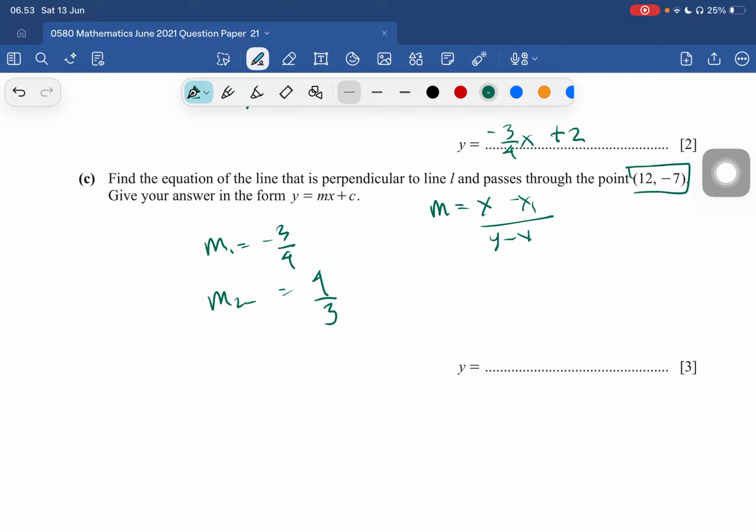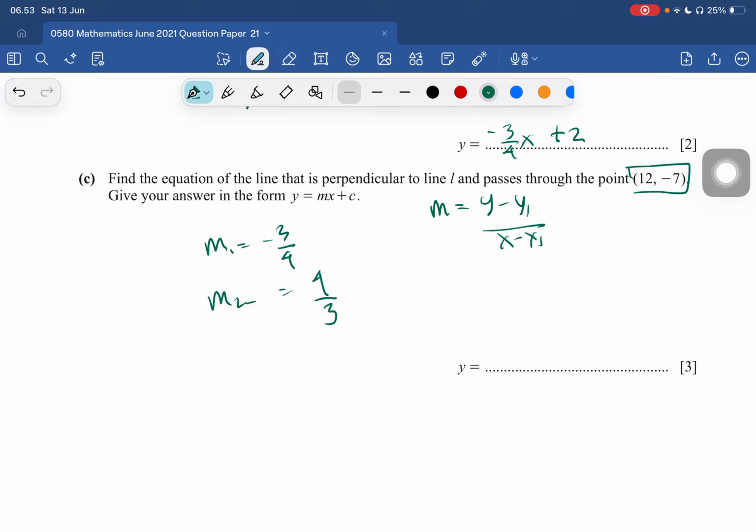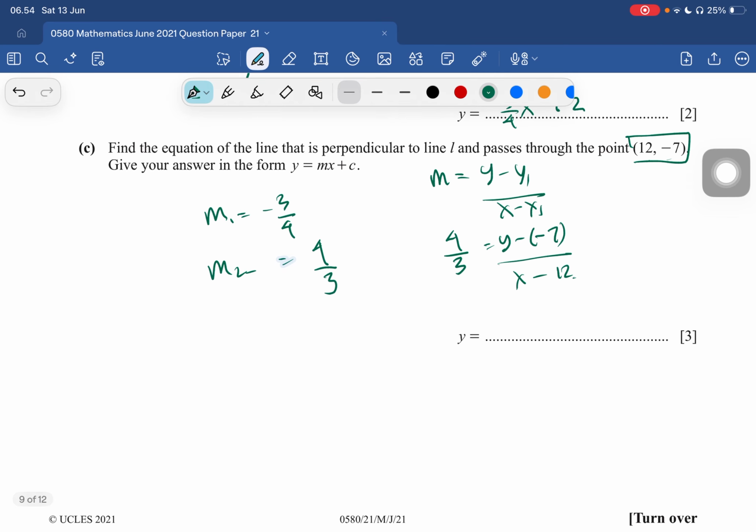The gradient is 4 over 3, y minus minus 7, and x minus 12. So 4 over 3 equals y plus 7 over x minus 12.